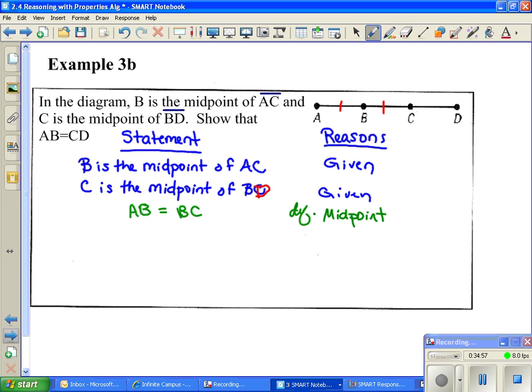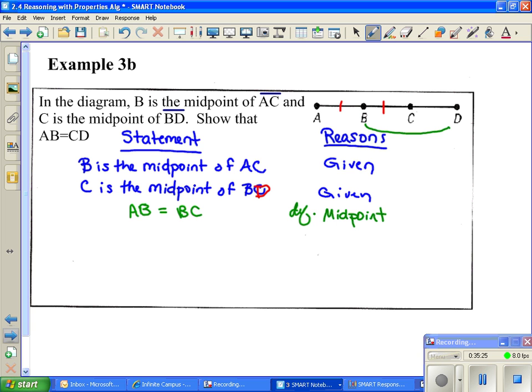Now let's do the C as the midpoint of BD. Okay, how did you get that information? What do we know about C being the midpoint of BD? What do we know about that? We're only looking at this segment right here. It must be equal on both sides. Okay, C is the midpoint, and when the midpoint's given, what do you know?